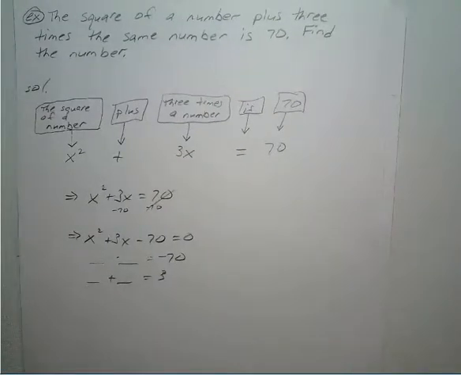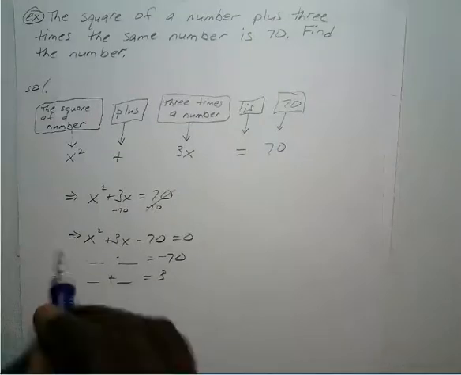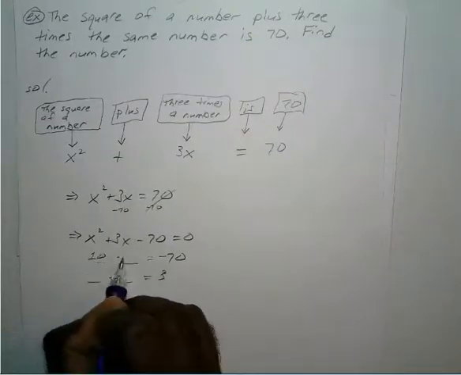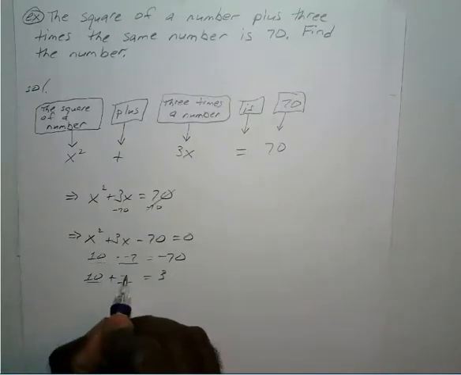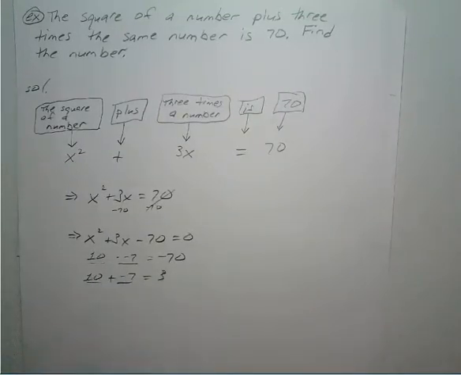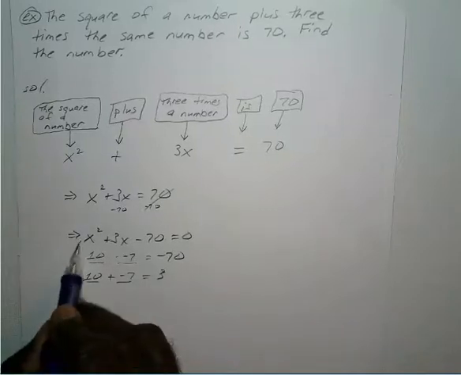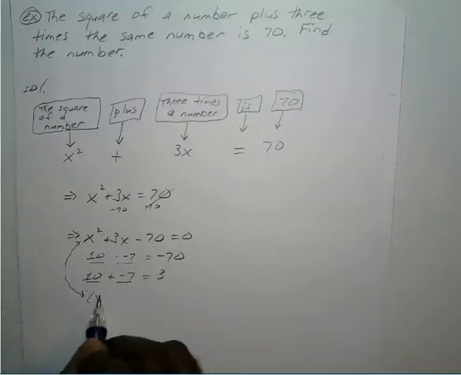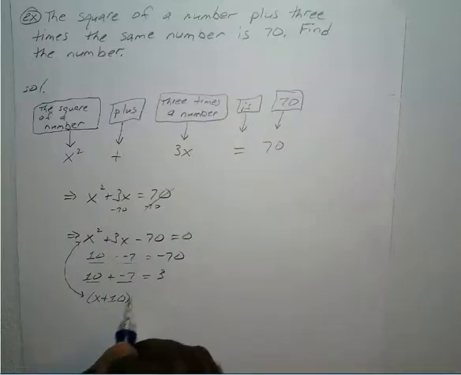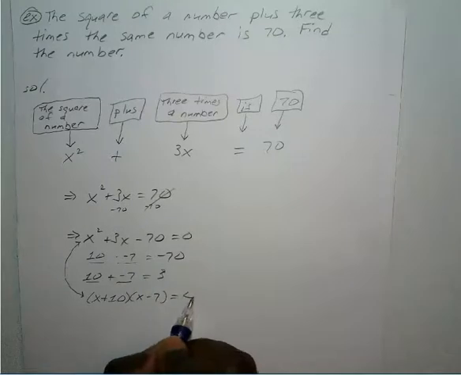In this case, we can see that 10 and negative 7 work, because 10 times negative 7 is negative 70, and 10 plus negative 7 is positive 3. So we know that this will factor to become x plus 10 times x minus 7 equals 0.